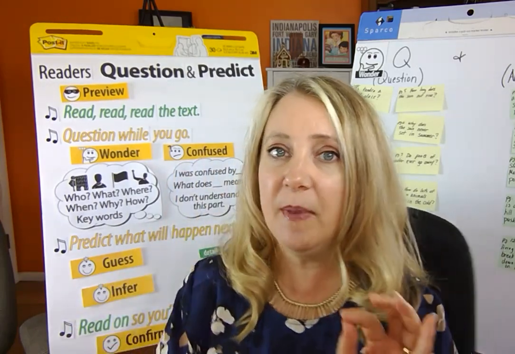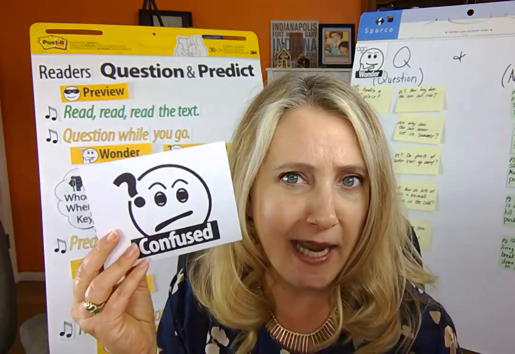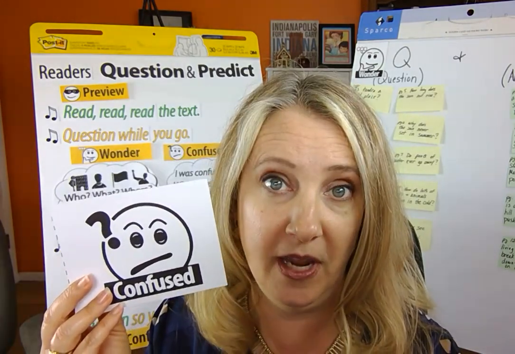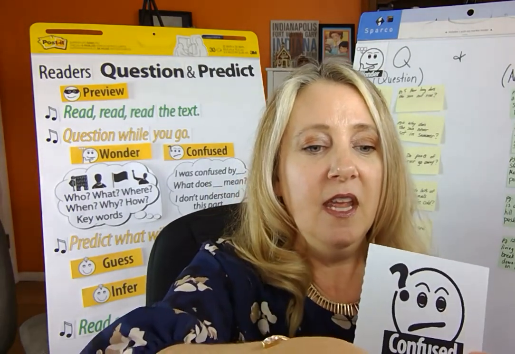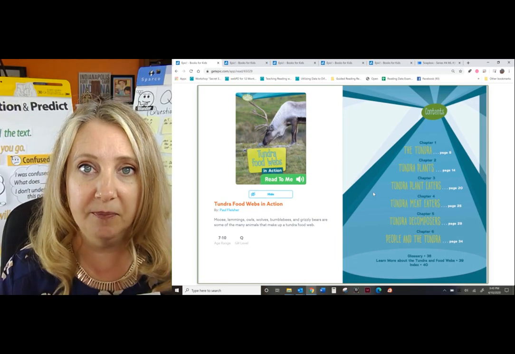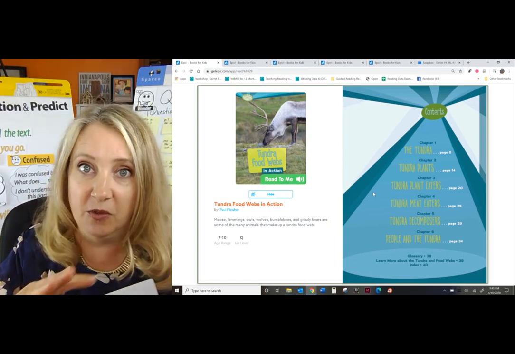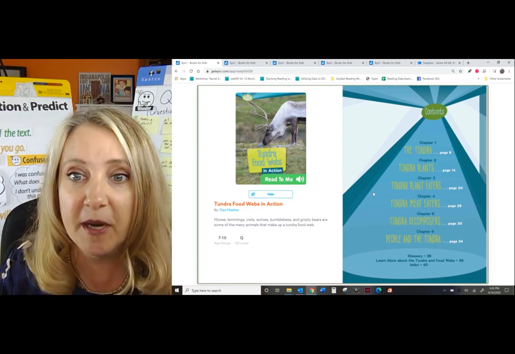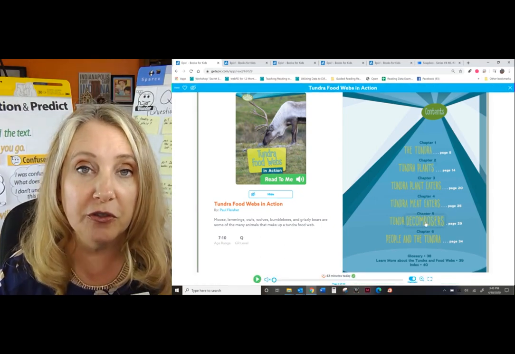And I want to talk about what do we do when we are confused by a word, okay? And so let me show you what I was talking about. Remember when we read this text, Tundra Food Webs? And as we were being information thieves and we were just stealing as much information as we could, we started looking at the text features first.